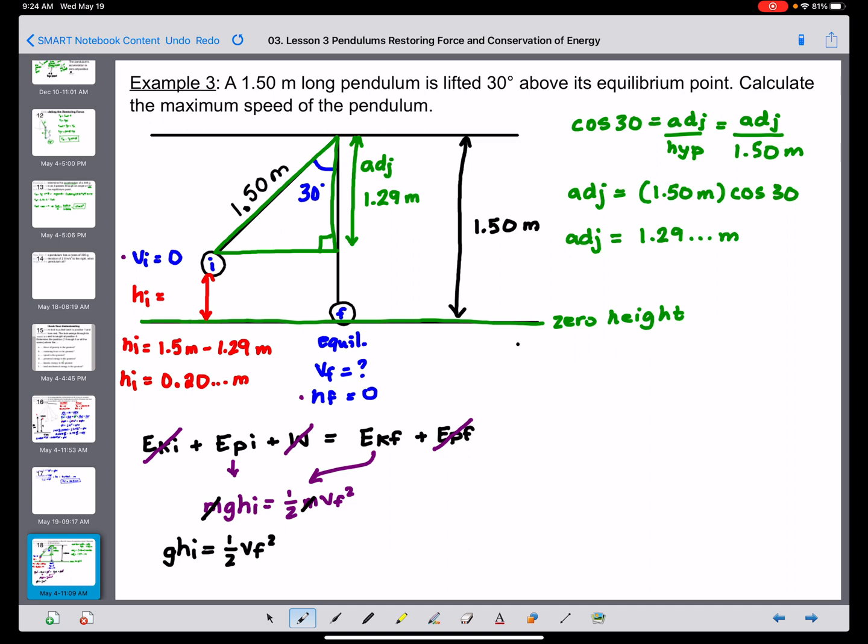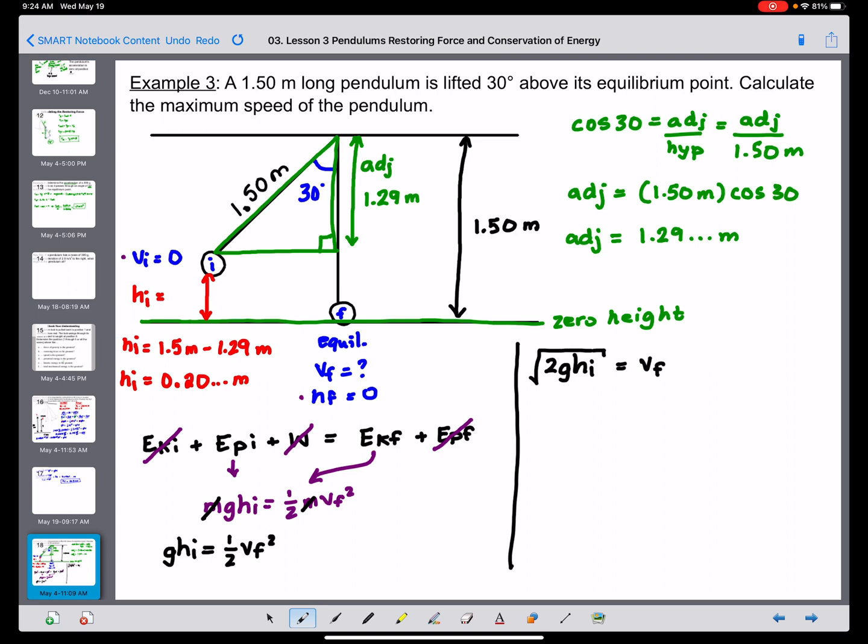Okay, and now I'm going to continue over here. So I'm going to rearrange for VF. So I'm going to multiply both sides by 2. That gets rid of the 1/2 in front of VF squared. And then I'm going to square root, because I don't want VF squared, I just want VF.